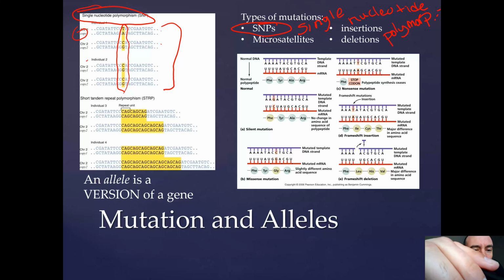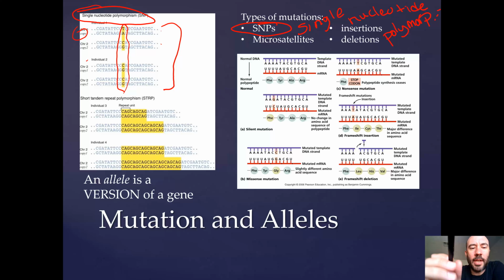So 3 of the chromosomes have CG, CG, CG, and this one has TA. So at some point, there was a change, a mutation at one nucleotide base pair, okay? So that's a single nucleotide polymorphism. Those are probably the ones we'll talk about the most throughout the genetics part of the class.